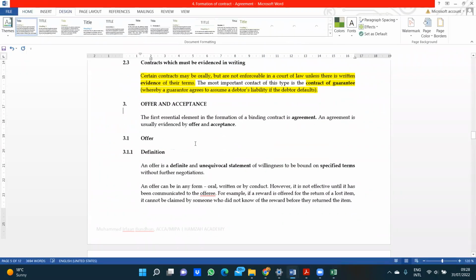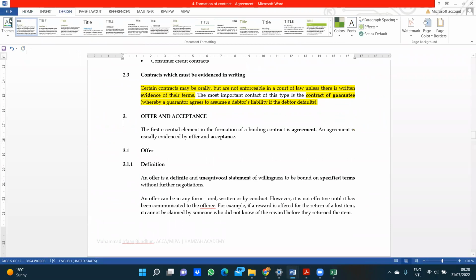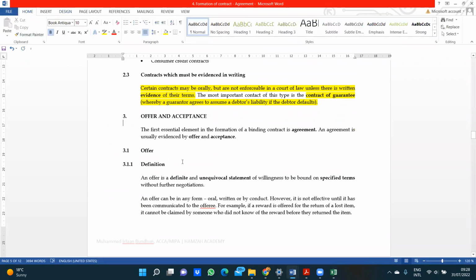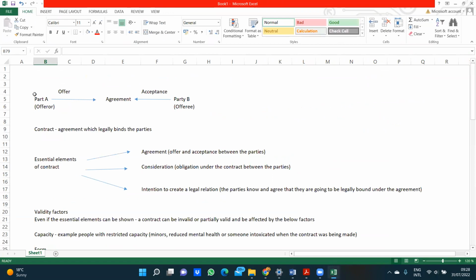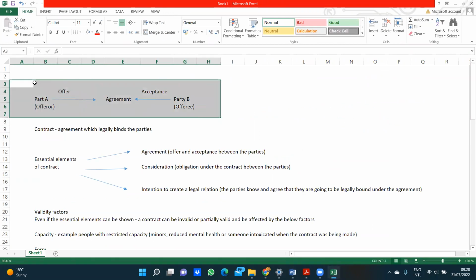Now we go to the third part of the chapter, which is offer and acceptance. Again, to have an agreement in place, you need to have an offer and an acceptance, as we discussed at the beginning of the course. For an agreement to occur, the offeror has to submit an offer to the other party.